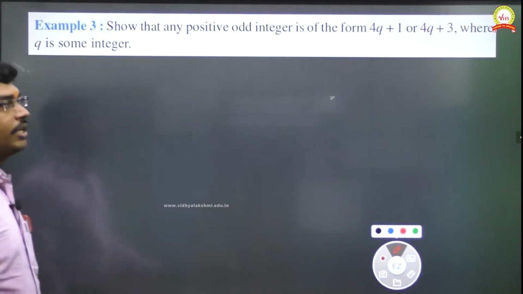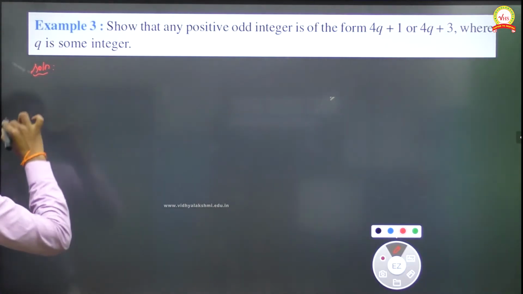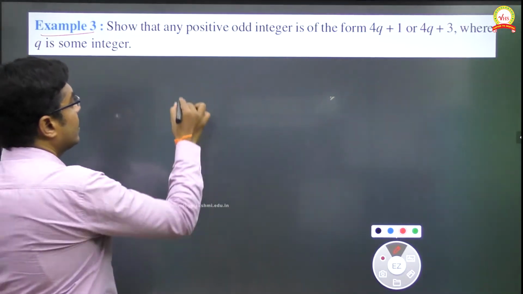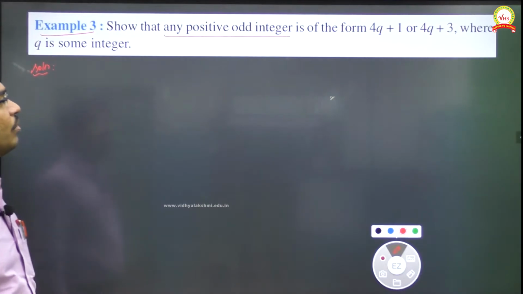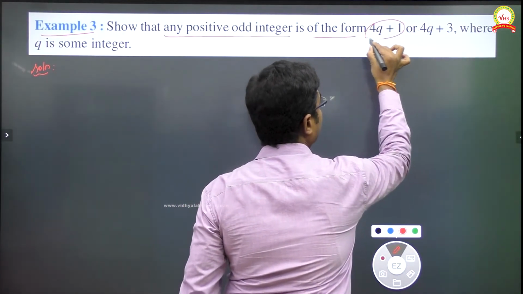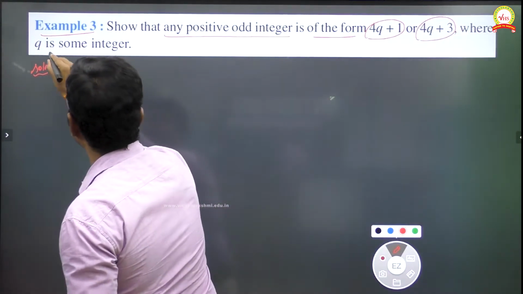Okay, see my dear students, what is the question? Example number 3, show that any positive odd integer is of the form 4q plus 1 or 4q plus 3, where q is some integer.